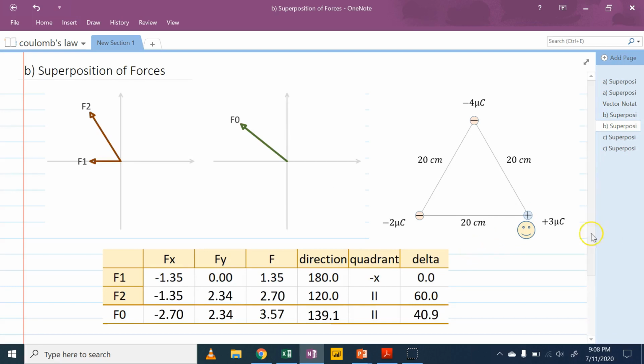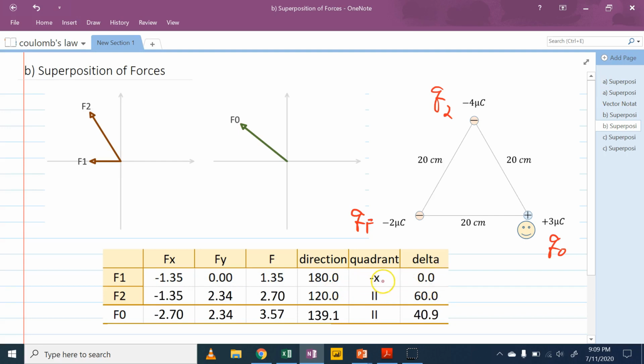So again, here's the smiley face, meaning we are here. If we call Q1 and Q2 the -2 and the -4, we are always the object, right? Then see if you can calculate the magnitudes of F1 and F2, the components that you would get, and understand what their directions are and what quadrant they're in.